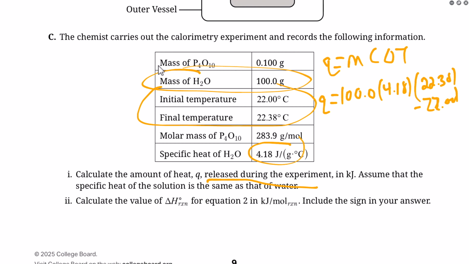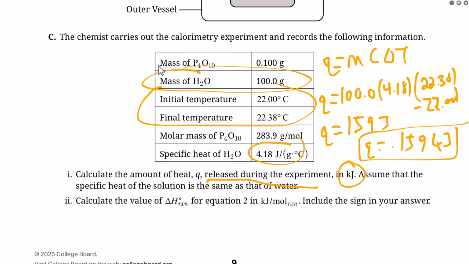And so we end up with a Q value here of 159 joules. Now it does say to convert it to kilojoules, so just divide that by 1,000. So 0.159 kilojoules.